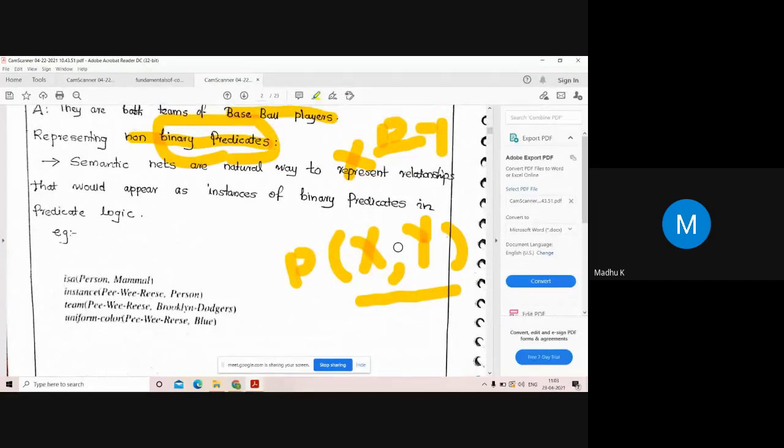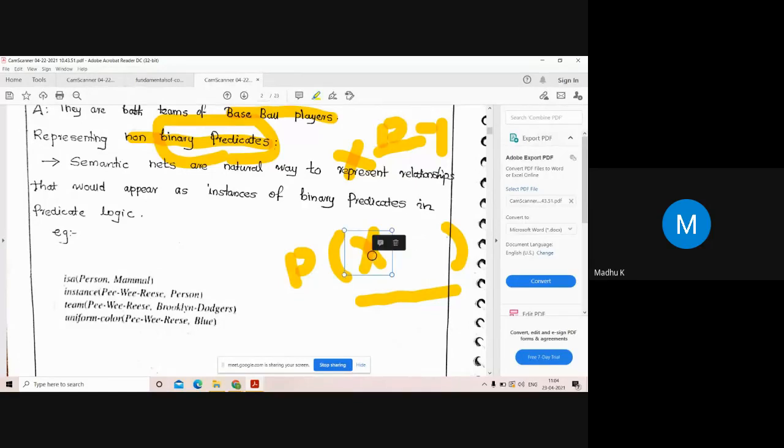But the problem here is that there exist non-binary predicates. What is a non-binary predicate? I hope you can get the idea. It contains fewer than two or more than two symbols.